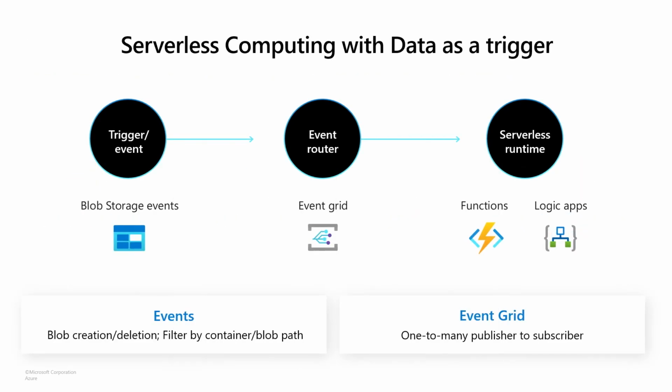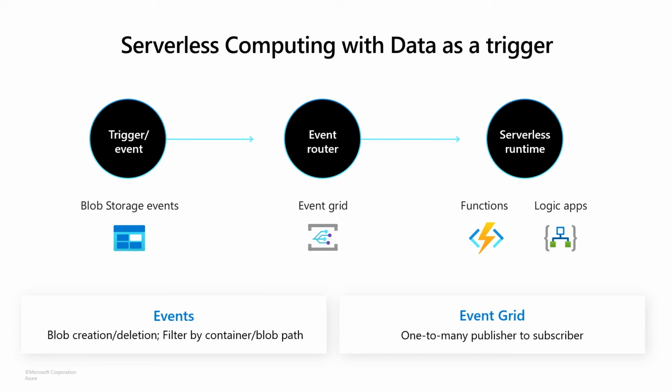So let's dive into the pattern and how storage plugs into serverless computing. A very common way that serverless computing works is you have data as a trigger or an event. The creation of data then triggers your serverless runtime through your event router.